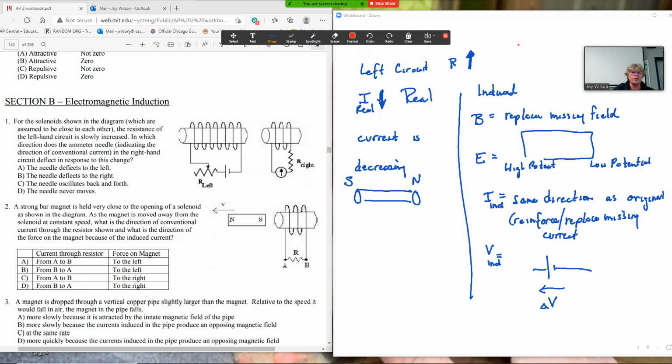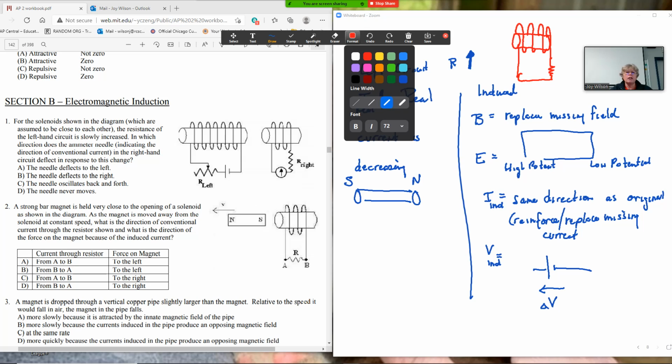I'm going to try to draw this like they've got it. So you come up the back and down the front, up the back, down the front, down the front, through a resistor, and back home.